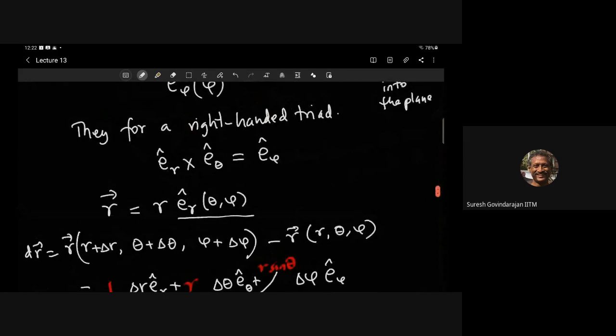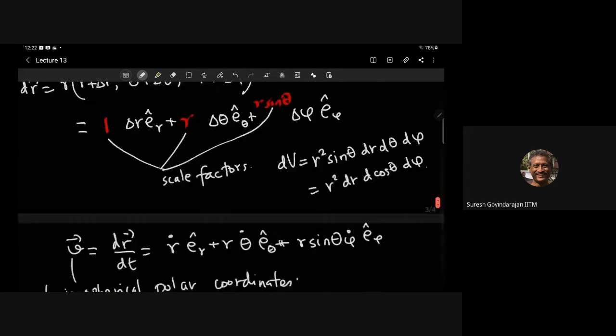We know that e_r, e_theta, e_phi form a right-handed triad. So for instance, e_theta cross e_phi will be e_r cap, and so on and so forth.